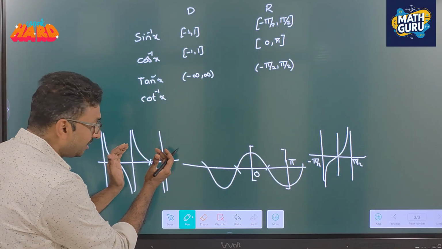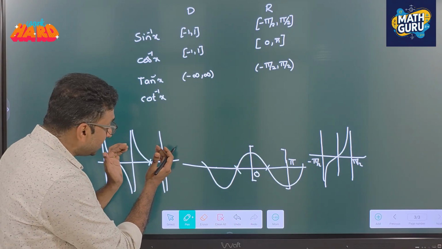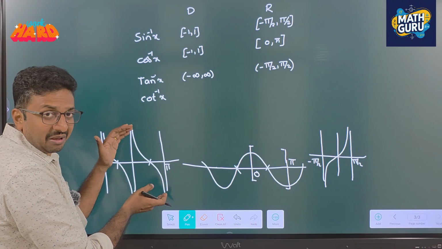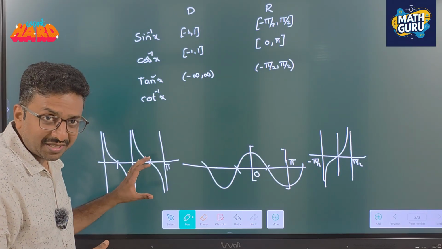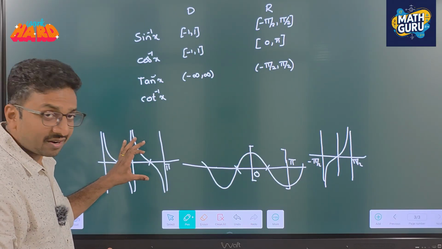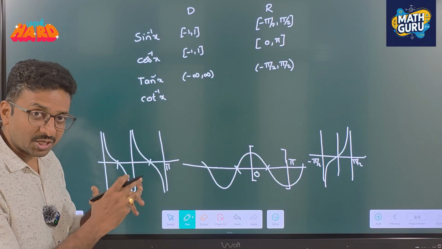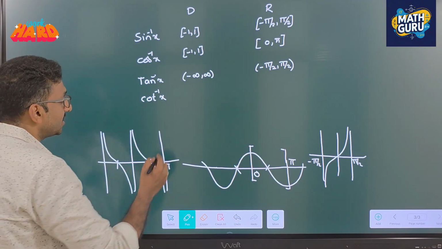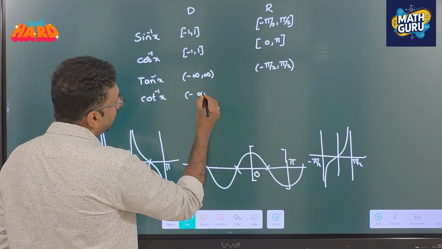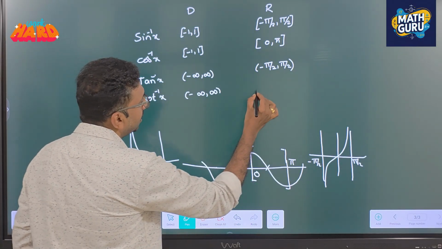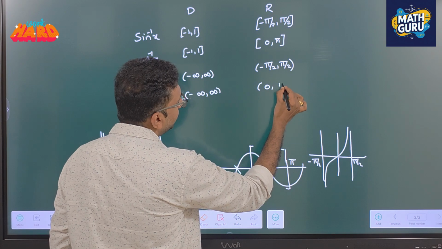So we take the domain as 0 to pi and range as minus infinity to plus infinity for cot x as the principal value branch, and cot inverse x is defined with a domain of minus infinity to infinity and the range is open 0 to pi.